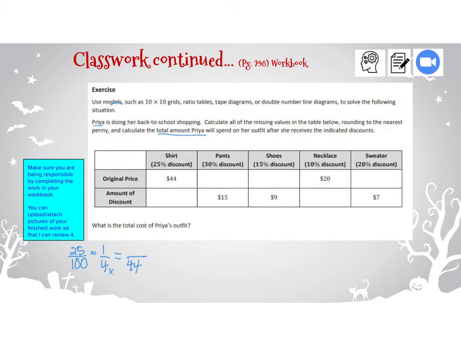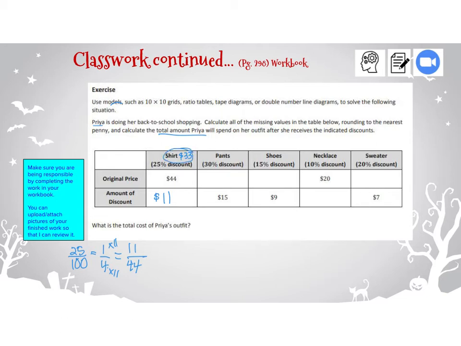So 4 times 11 is 44, so I'm going to multiply that times 11. And I get my discount for that is 11. So if I had an original price of 44 and I saved $11 off of it, then the shirt is $33.